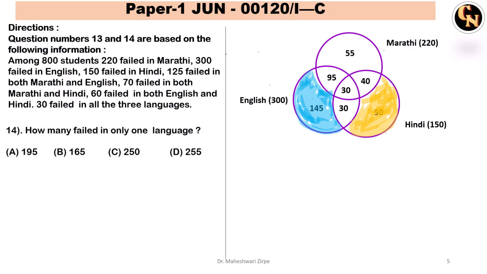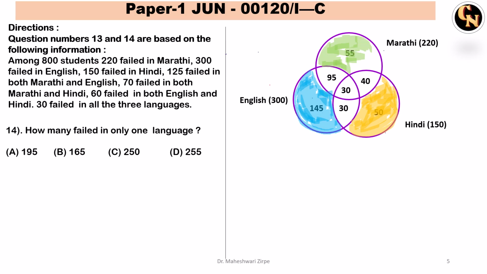Okay, the next is only failed in Marathi. So only failed in Marathi is 55. So what you have to do, you have to simply add them together. So these are the 55 students who have failed only in Marathi.